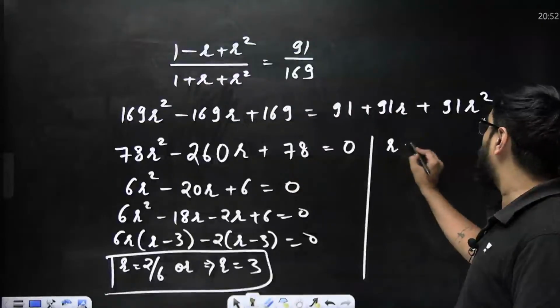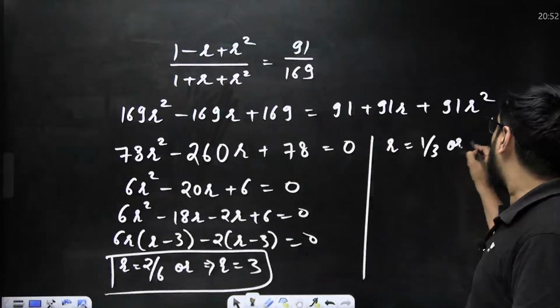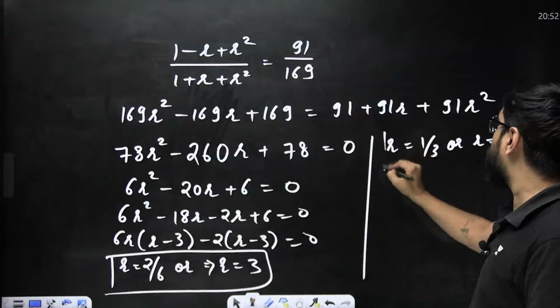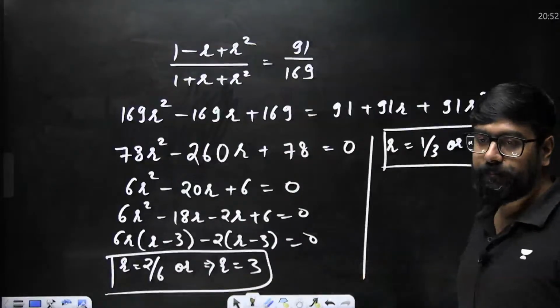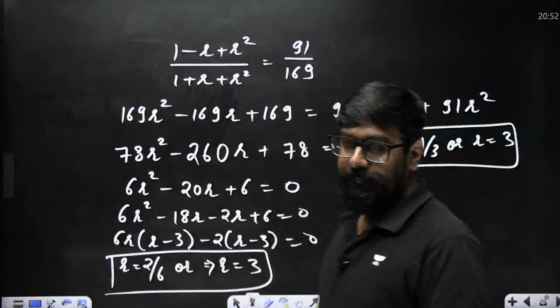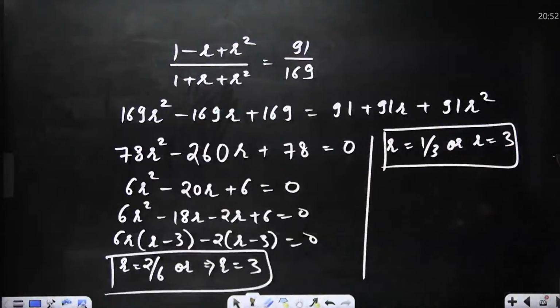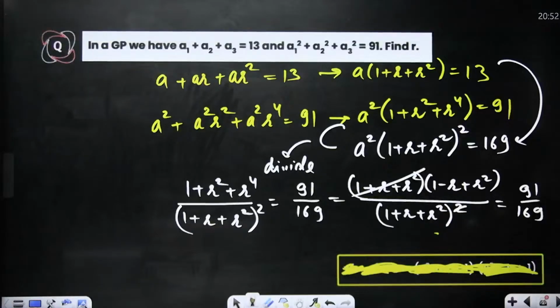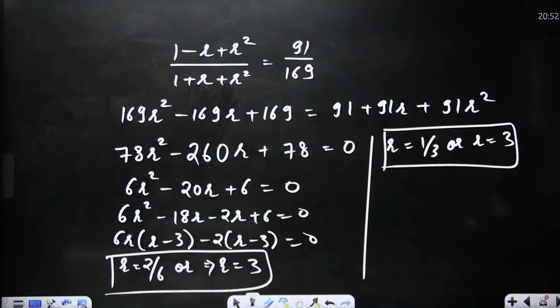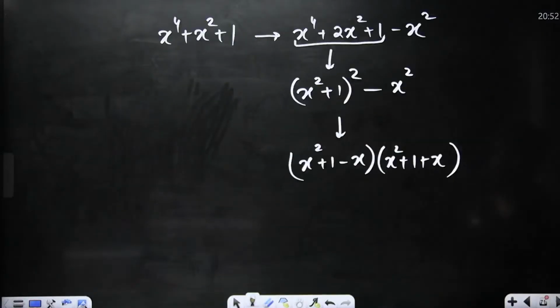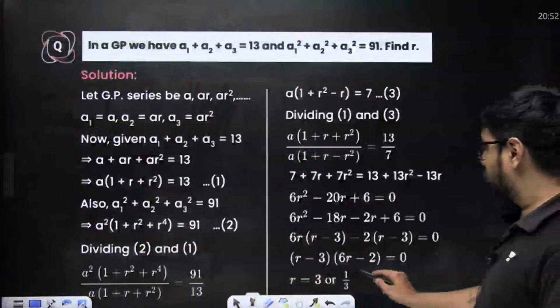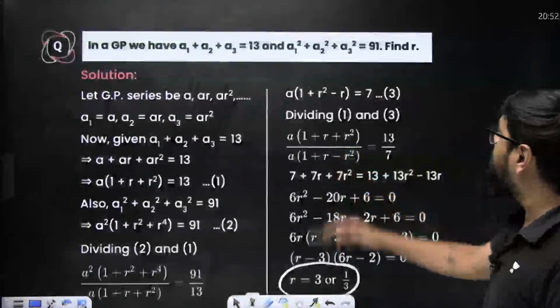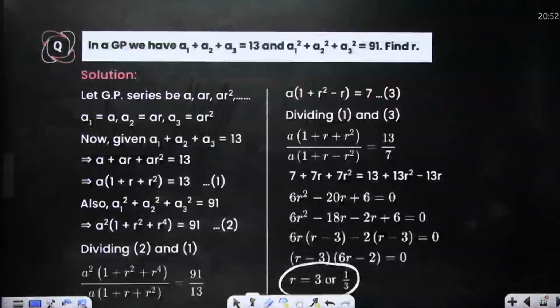R is equal to 1 by 3 or R can be equal to 3. There will be two possible values of R. Okay? And once you have R, you'll have two values of A also. Let's check. Must have the answer. R is 3 or 1 by 3 and there'll be definitely two values of A also. Find R. We had to find R only.